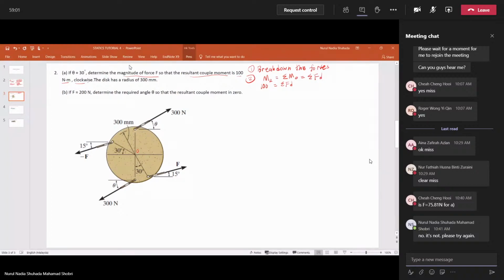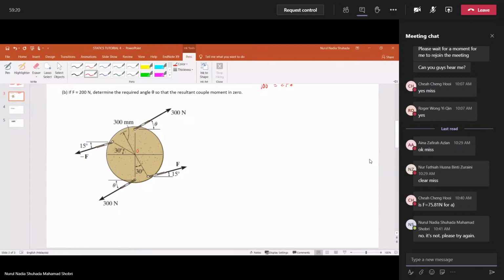So as you can see, we have several forces here at different angles. So then we have to break down the forces. There are actually two ways to break down the forces.